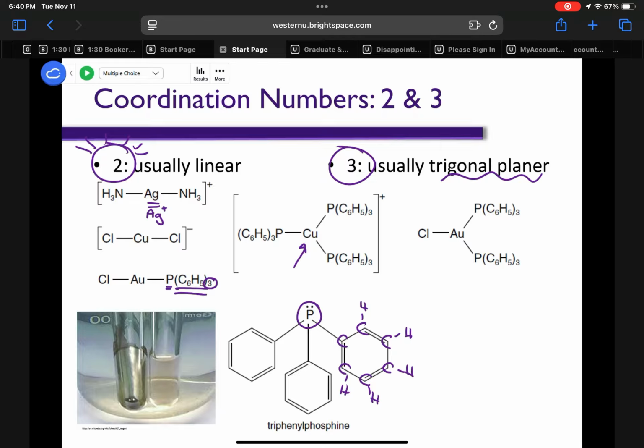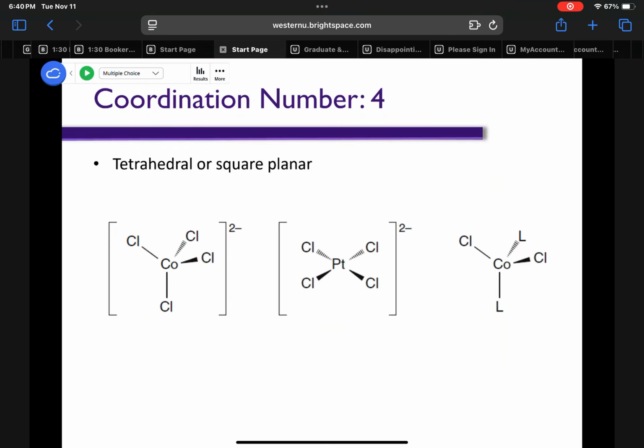Okay, so coordination number of 2, linear, that matches our VSEPR understanding. Coordination number of 3, trigonal planar, that also matches our VSEPR predictions. When we get to coordination number of 4, it gets a little bit wishy-washy, and we can't always predict the shape. Based on VSEPR theory, if we have 4 donor atoms attached to the central atom, we would expect a tetrahedral arrangement.